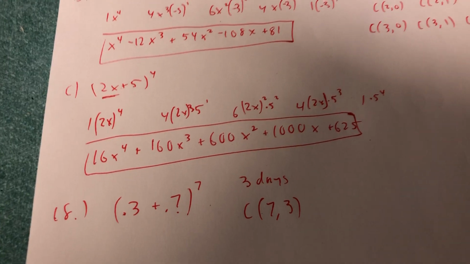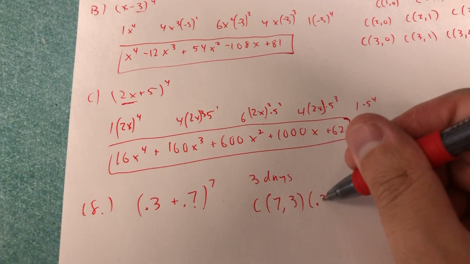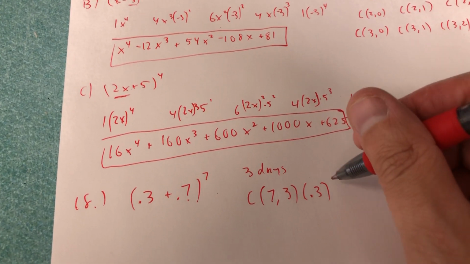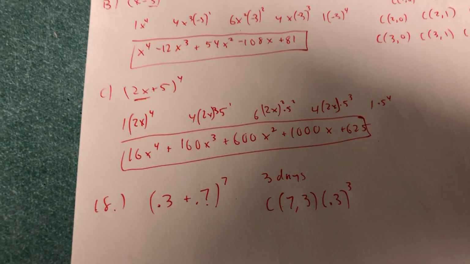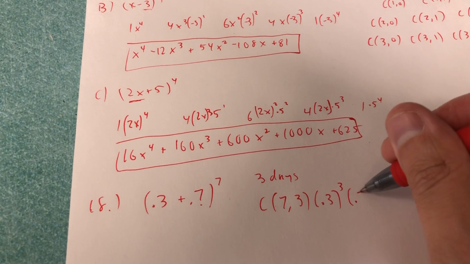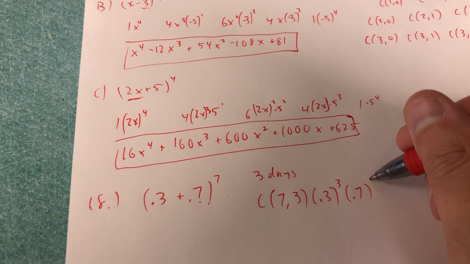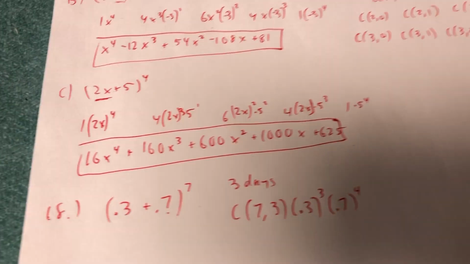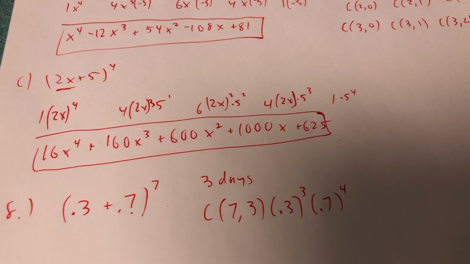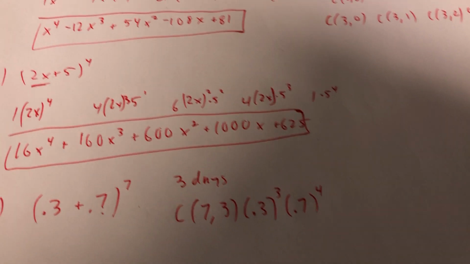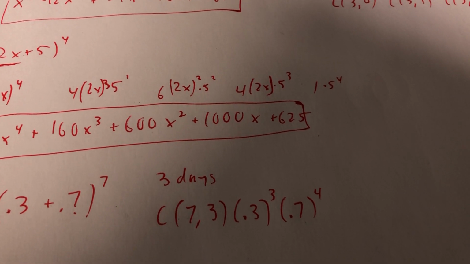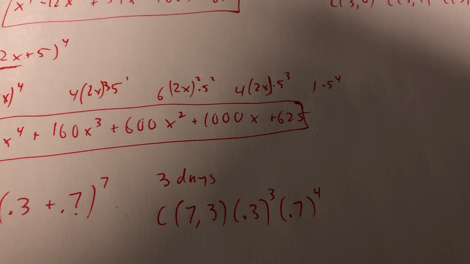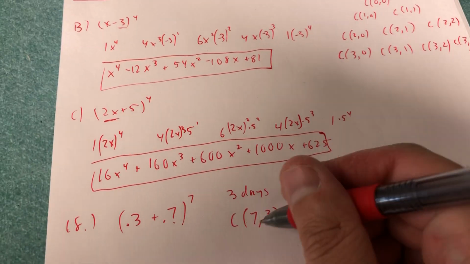And then you can say, all right, those 3 days that it snows, they have a 0.3 chance of happening, and we want it to happen 3 days. The other 4 days, I want it to not snow, and each of those has a 0.7 chance of happening, and I want it to happen for 4 days. And you can basically just multiply that out. So the combination of 7 choose 3, for example, is 35.